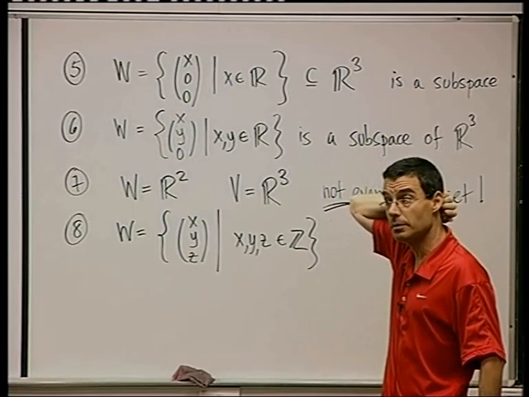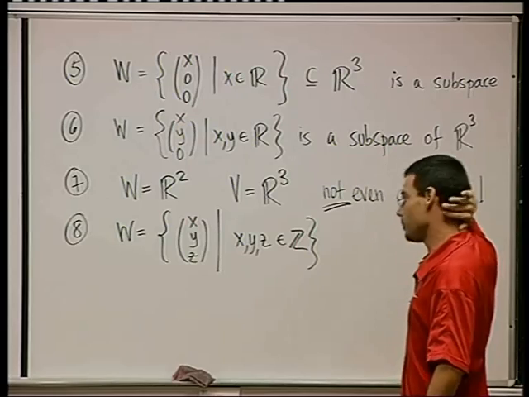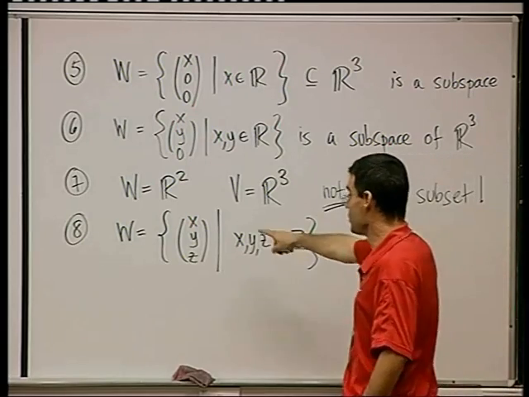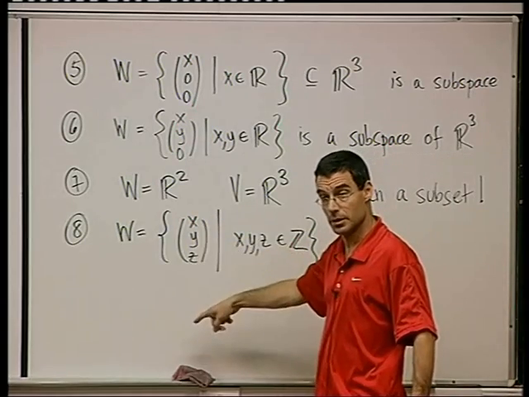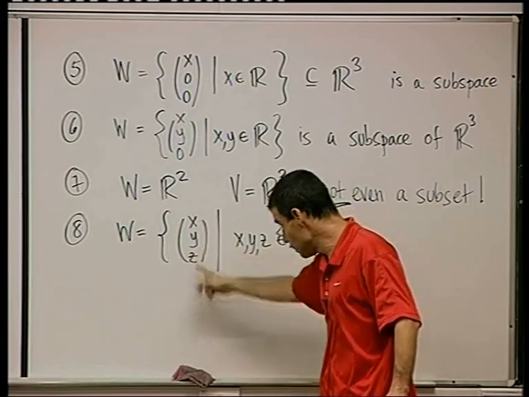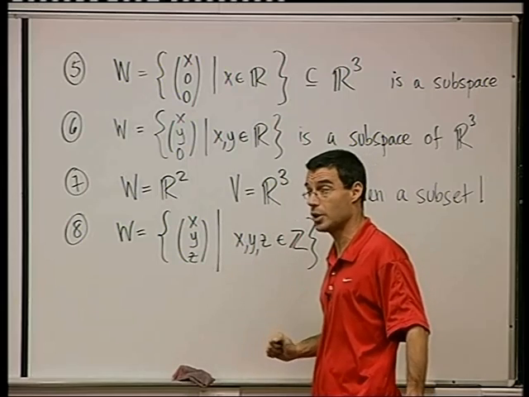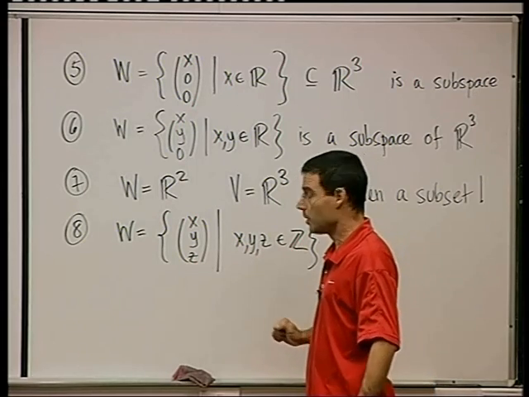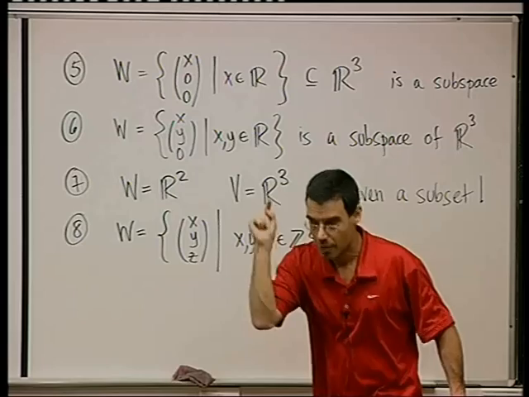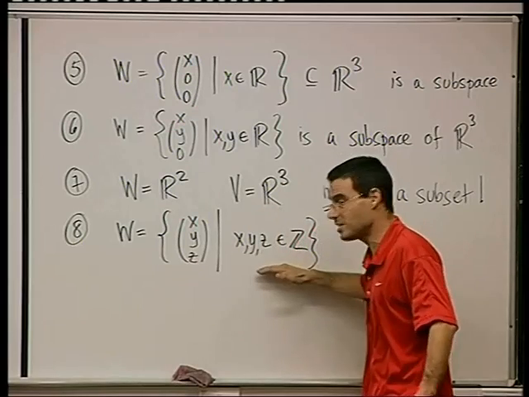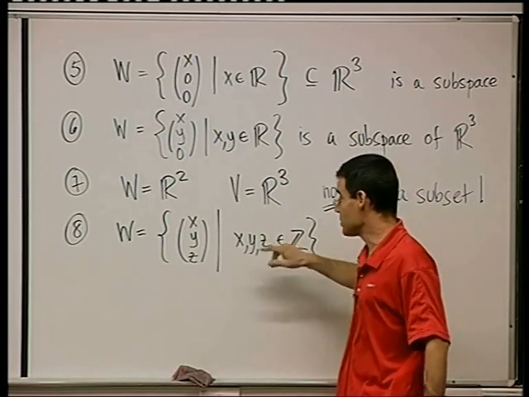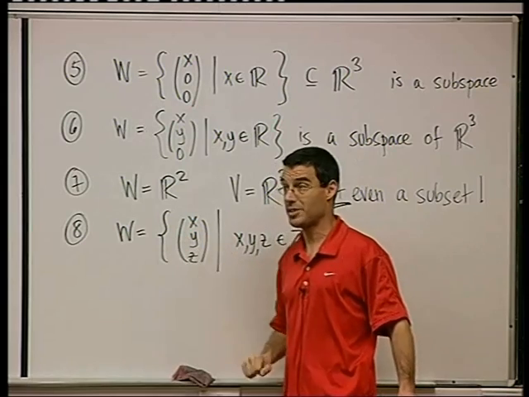Is 0 there? Yeah, 0 is good. If you add two vectors with only integer entries, do you get a vector with integer entries? Yeah. Not closed under multiplication by a scalar. Very good. It's not a subspace of R3 because it's not closed under multiplication by a scalar.